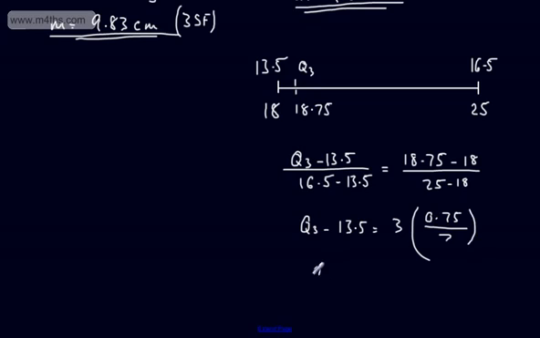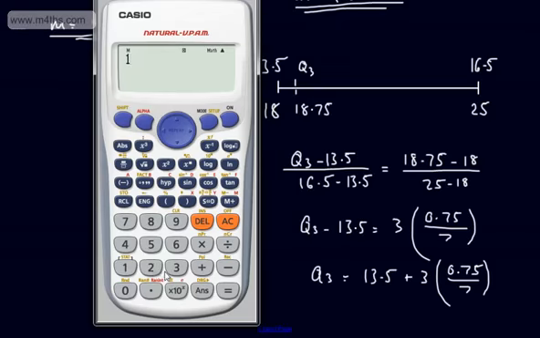So Q3 will be equal to 13.5 plus 3 lots of 0.75 over 7. Again, into the calculator: 13.5 plus 3 lots of 0.75, and we're going to divide this by 7. Okay, let's go ahead and do that. That's going to give me 387 over 28. So what's that going to be? 13.8.